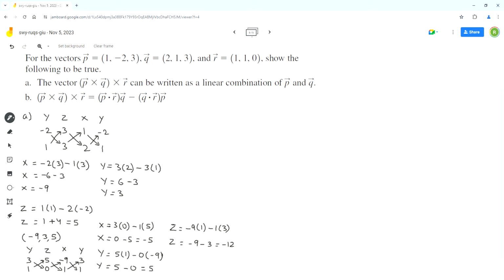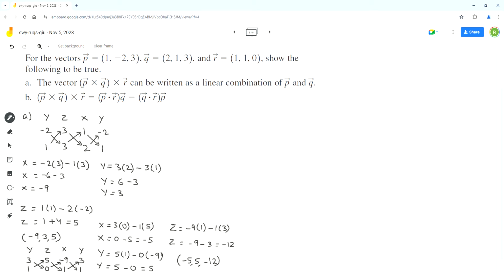I get z equals negative 12. So the cross product of these two vectors is the vector (-5, 5, -12).